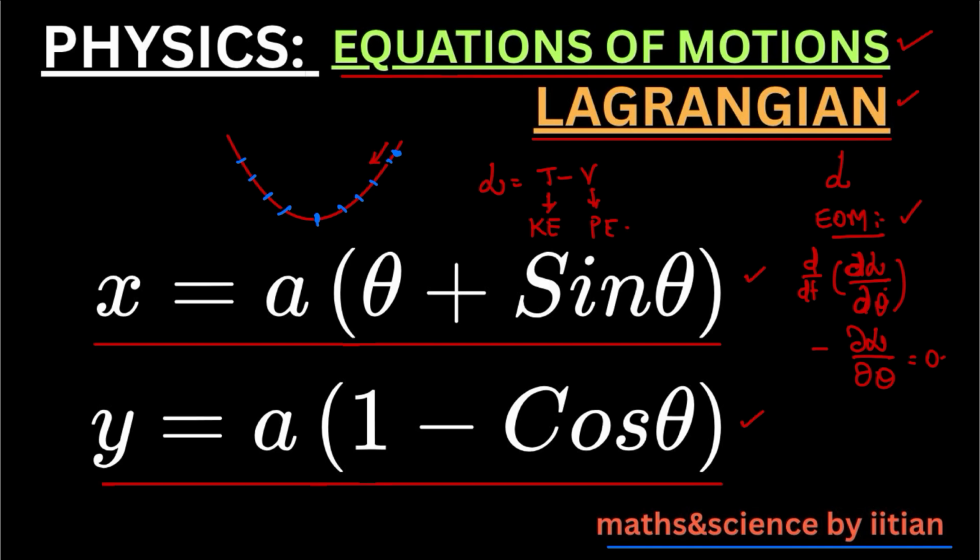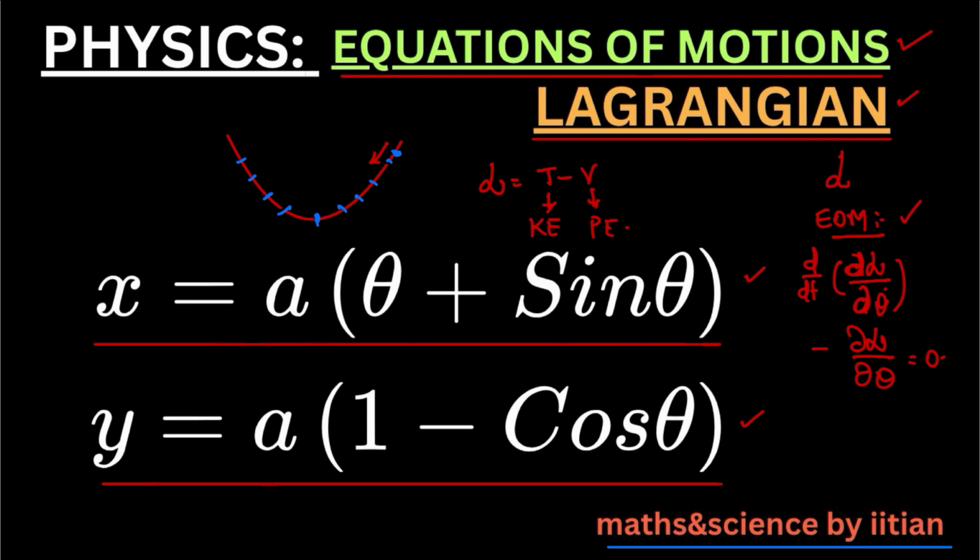Lagrangian is the difference between kinetic energy and potential energy. Once we get the kinetic energy and potential energy of this particle, then we will be able to get the Lagrangian for it. And from Lagrangian we can easily find out the equation of motion.